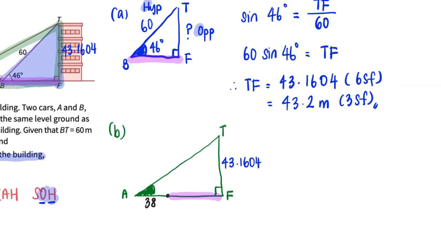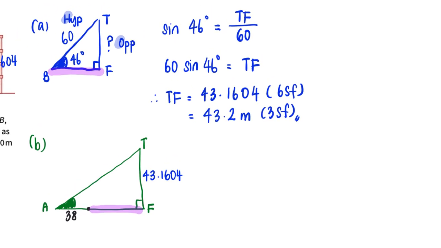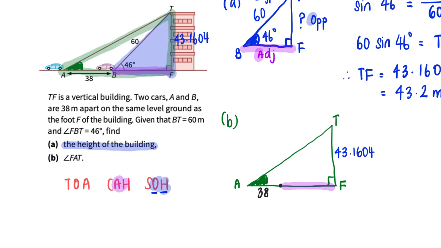Okay, so without further ado, for BF, BF happens to be the adjacent side with respect to the angle 46 degrees. So to solve for this, I will tap on this 46 degrees, where I have A and H. Yes, A and H, I have to use cosine.